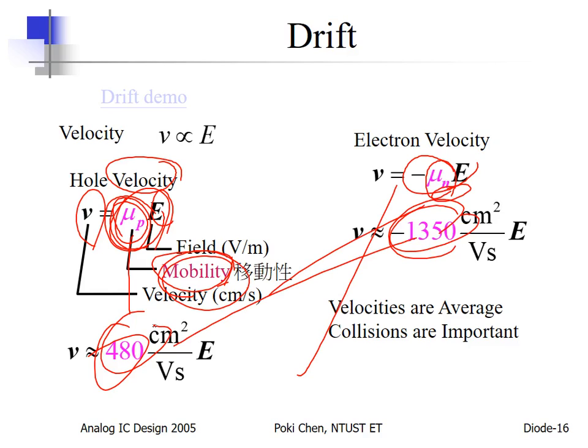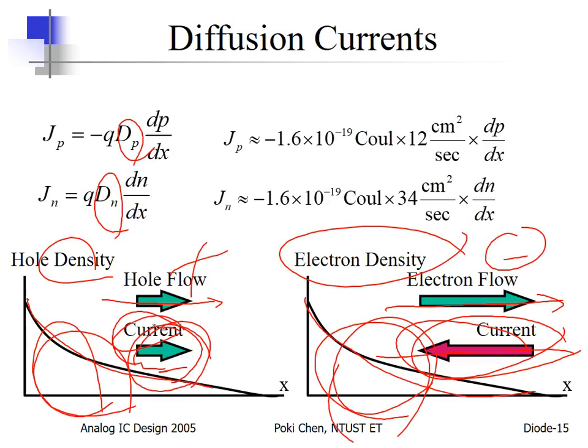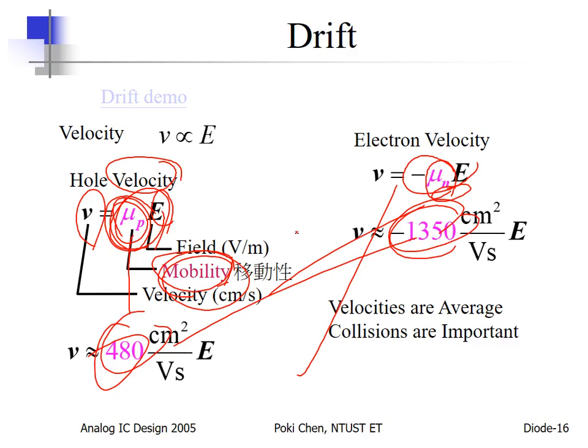What a coincidence. If you divide diffusivities or divide mobilities, I promise you will get the same number. The electrons have better mobility than holes by exactly the same factor.